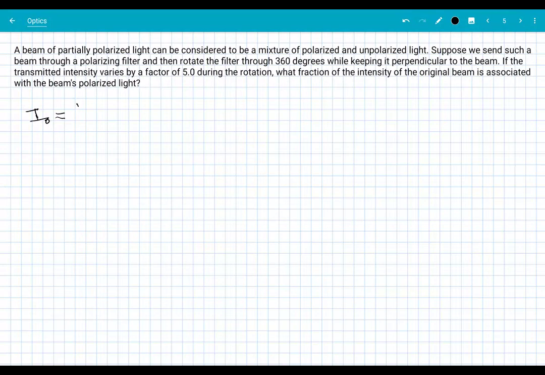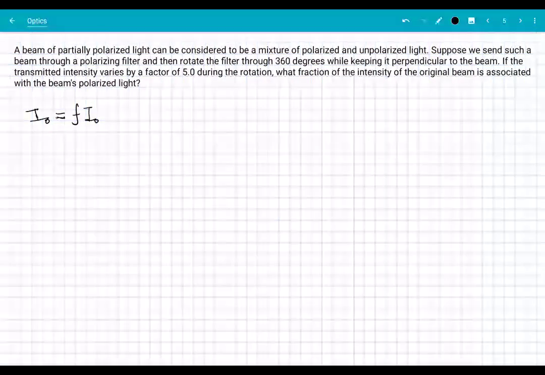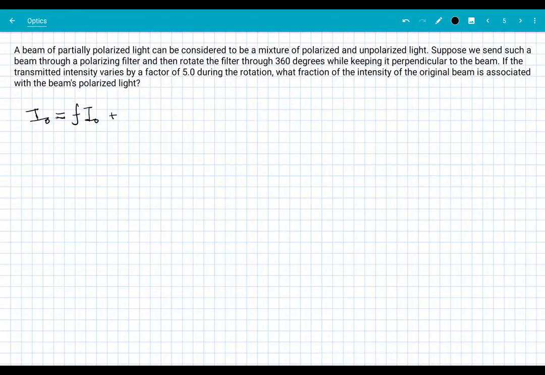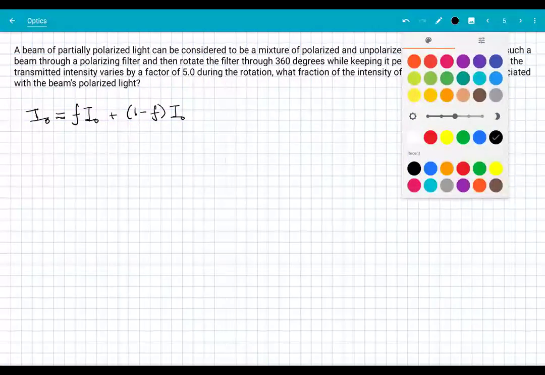I'm going to let F be equal to the polarized fraction, and that's what we're after in this problem. So we're after this F here, some polarized fraction of light plus some non-polarized. That would be, of course, what's left over, which would be 1 minus F times I naught.